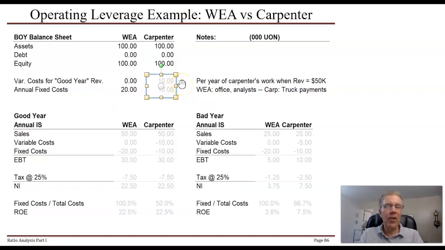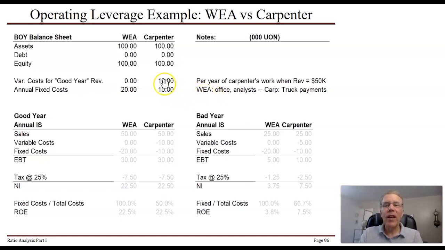For the Carpenter, on the other hand, she's going to have a mix of variable costs and fixed costs. So, for example, the more work that she gets, the more plywood she's going to have to buy, the more 2x4 she's going to have to buy, the more gas she's going to have to put in her truck, et cetera. But she also has fixed costs, which are going to be things like lease payments on her truck, and she might have a shop, stuff like that.